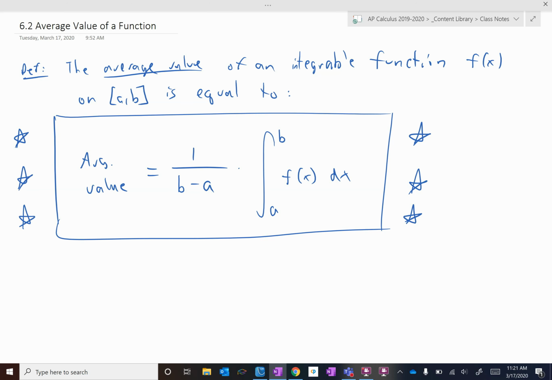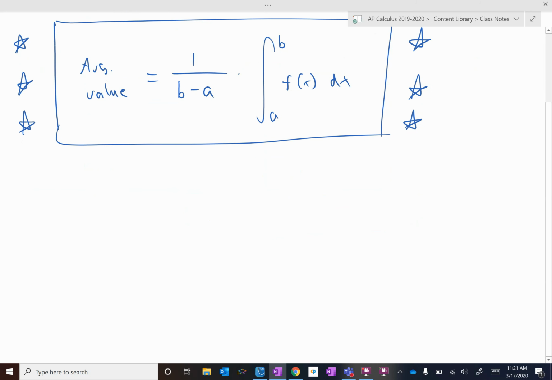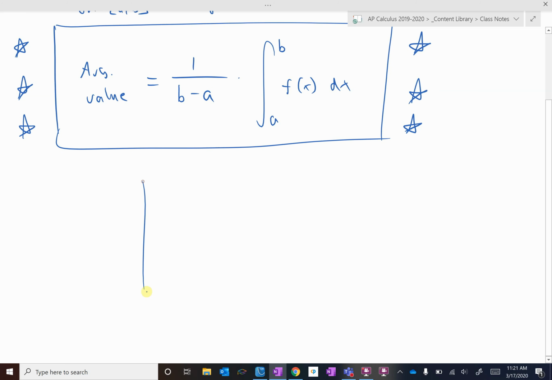Hopefully it's pretty simple. All we're saying is the average value of a given function f of x on a closed interval is equal to the integral of that function divided by the length of that interval, right? And this hopefully is somewhat intuitive. We know that the integral from a to b of f of x corresponds exactly to the area under that curve, right?